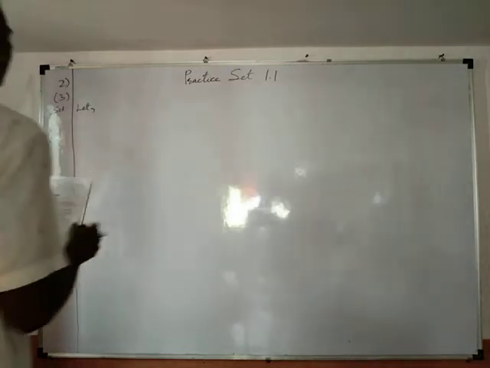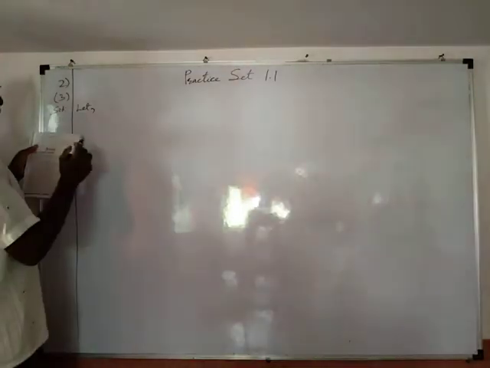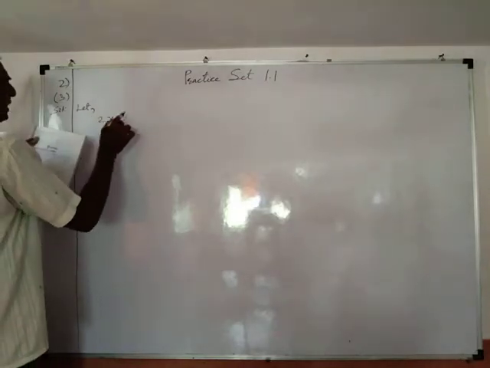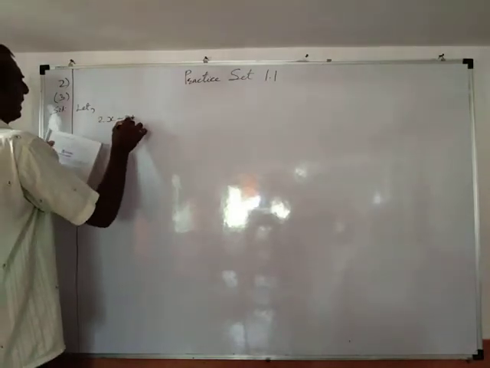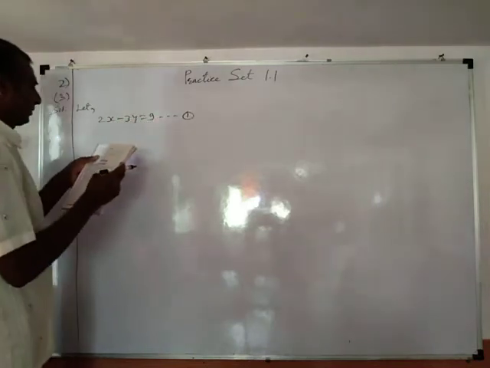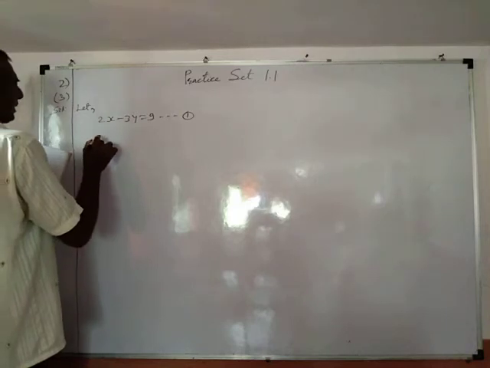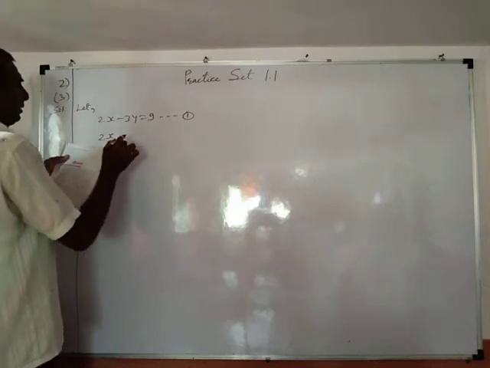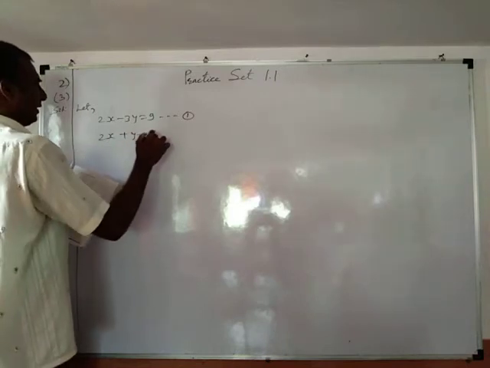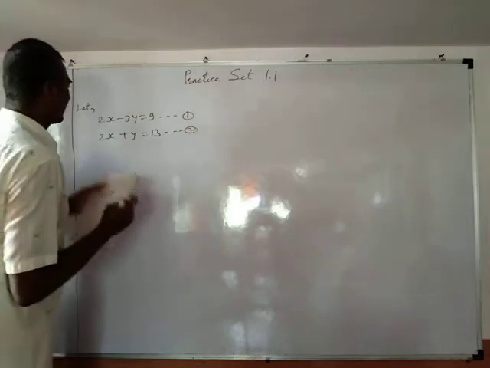Similarly, question 3rd, solution. Let 2x minus 3y equal to 9. Let's call it equation first. 2x plus y equals 13. Equation second.